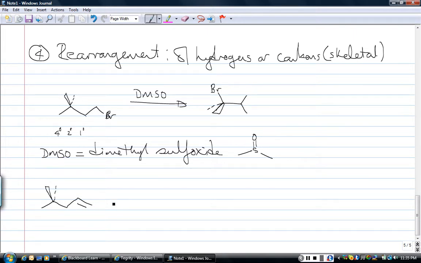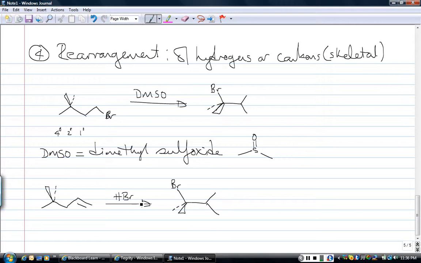If I take this alkene and I add HBr to it, then the product of the reaction turns out to be this compound. Right? And that should look familiar. The product of the reaction turns out to be this one. Okay? And this reaction then really fulfills two criteria.